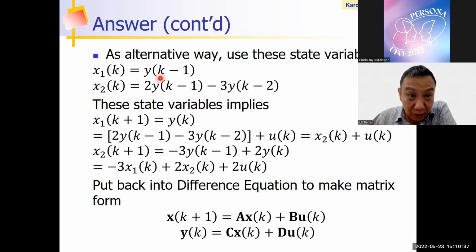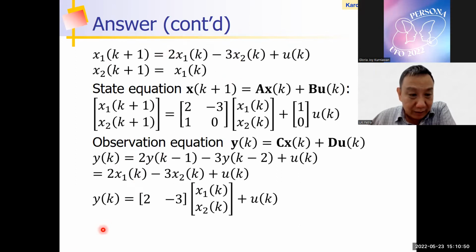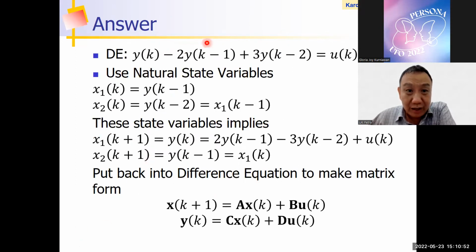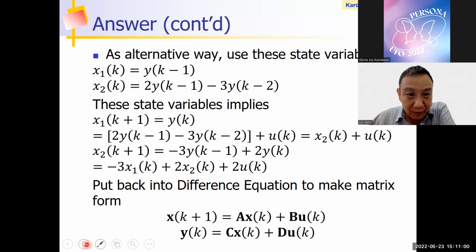For example, the first one I do exactly the same. In here, x2 is different. In here, x2 is, I'm using this equation, right? So this is my x2. You look at this equation, you compare it with this form, you see this is my x2.